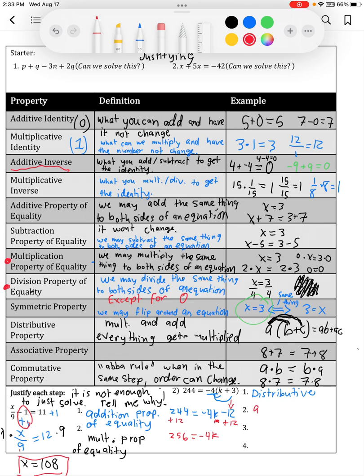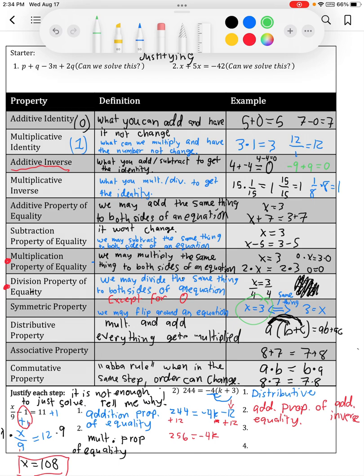And that we use the addition property of equality. If you wanted to say additive inverse, that is also correct. Do you have to write both of them? No.